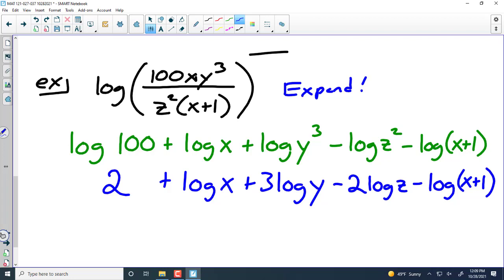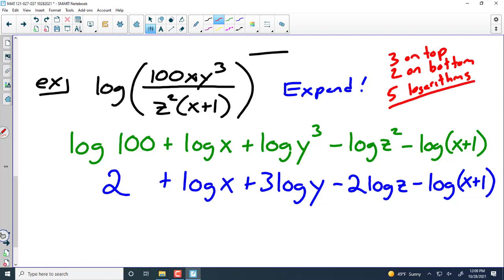I do want to address a few things. On the first step, I noticed I had 3 things getting multiplied on top and 2 things getting multiplied on the bottom. So 3 on top, 2 on the bottom means I get 5 logarithms. And the ones on the bottom get minus signs in front of them, the ones on top get plus signs in front of them.